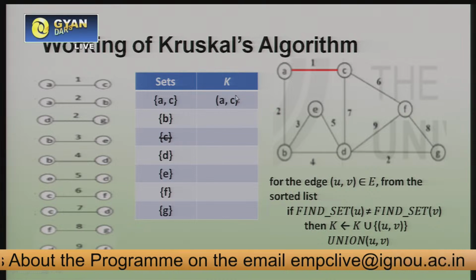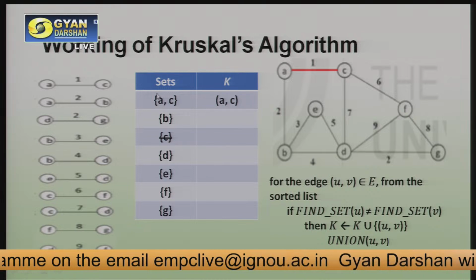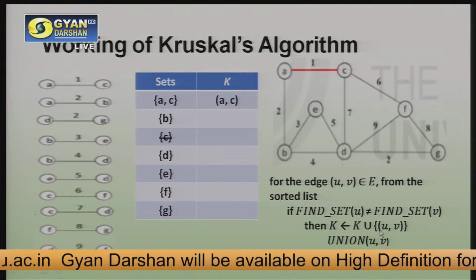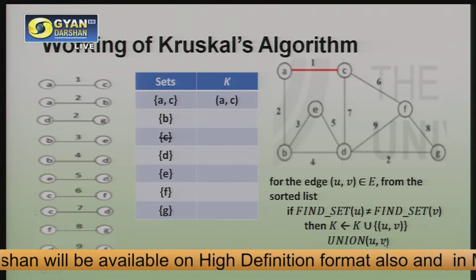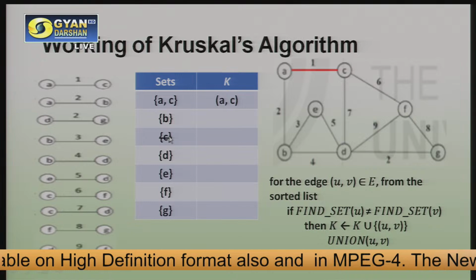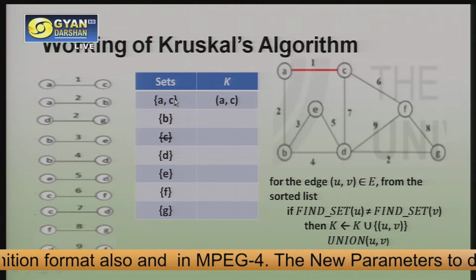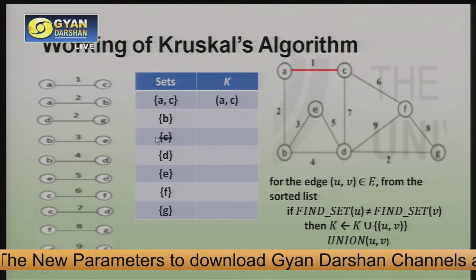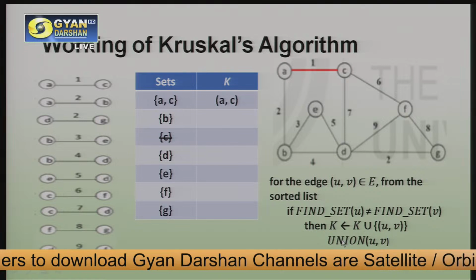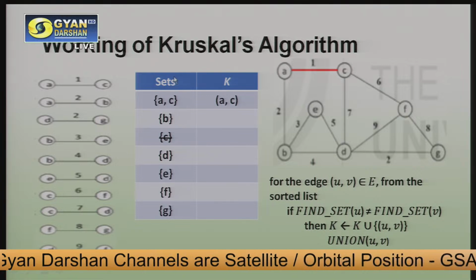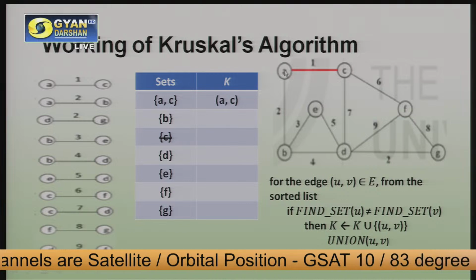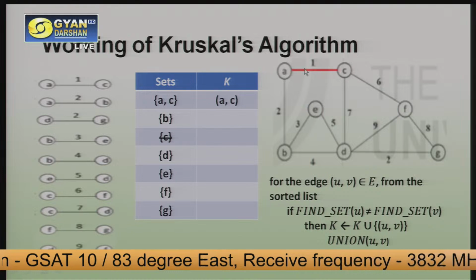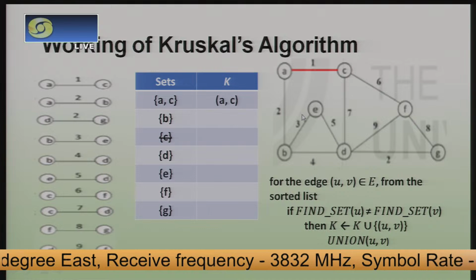You can see there is a plain bracket over here, A to C, whereas over here it is representing a set. That is why there is a curly bracket. And as union U to V has to be done, we have merged this set with this set, forming A, C. So after the first step, we have selected edge AC as part of the minimum cost spanning tree for this graph.